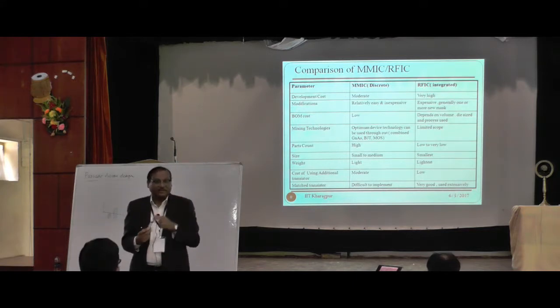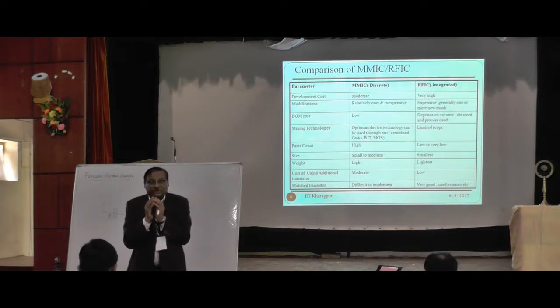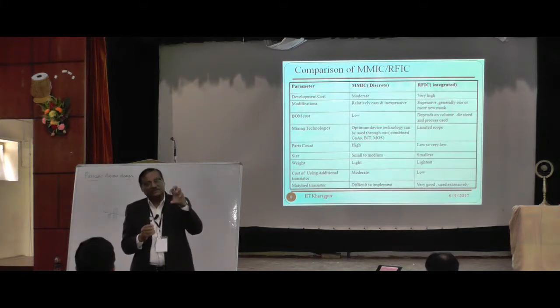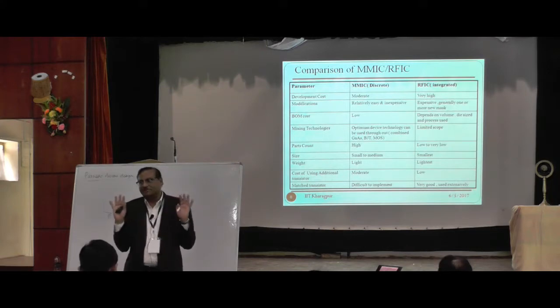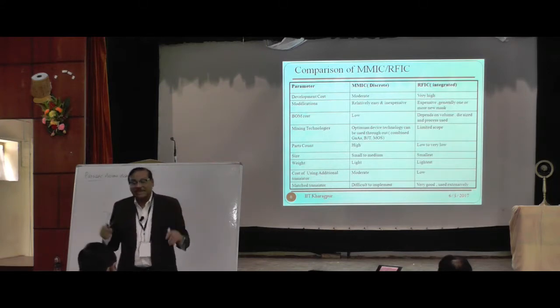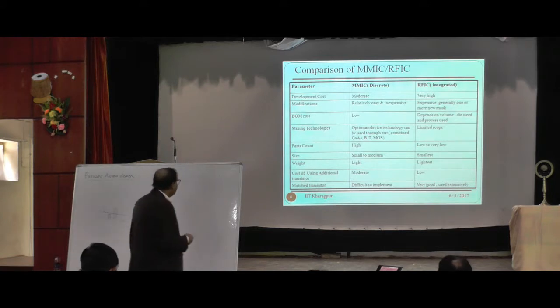Suppose for one LNA, I need the transistors to be matched. So matching transistors is very difficult to get. Even on a single chip, two transistors have a gm difference of plus minus 5%. Now think of discrete transistors, M1, another transistor M2. What kind of mismatch would there be?